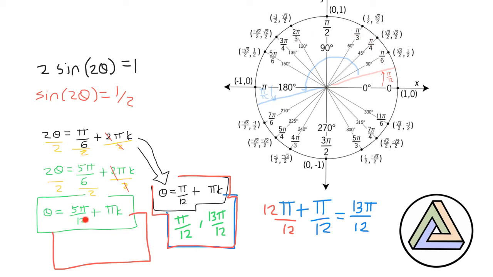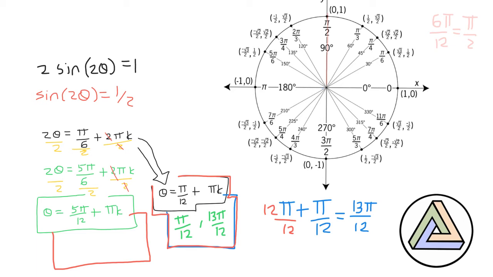So let's start with 5 pi over 12. Where is that? Well, that might not be immediately obvious because on the unit circle we don't have anything labeled 5 pi over 12. But a decent way to go about that one is to know that 6 pi over 12 would most definitely reduce to pi over 2.